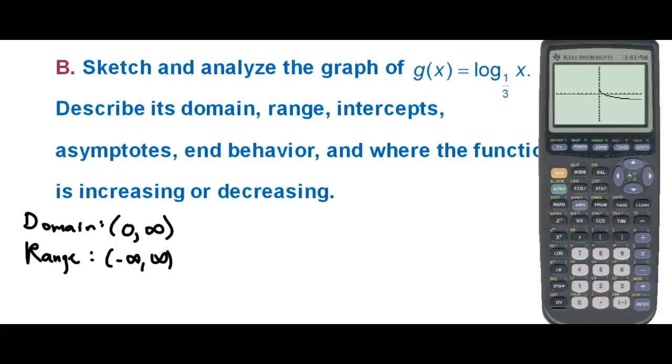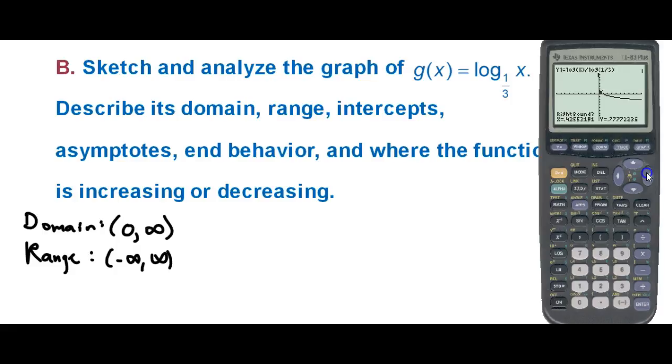So let's take a look at how we can actually figure out the exact value of that zero. If you go to second calc on your calculator and then go down to number 2, calculate the zero, what it's going to ask you for is the left bound. So you can come over somewhere to the left of where you think it crosses and hit enter.